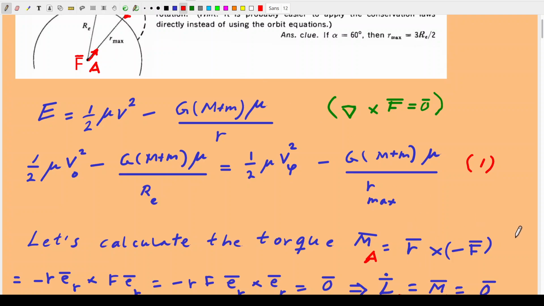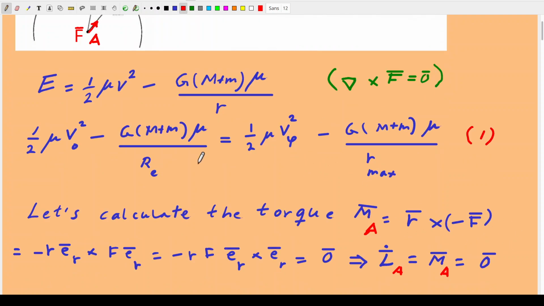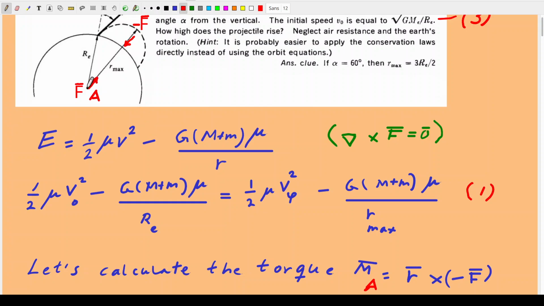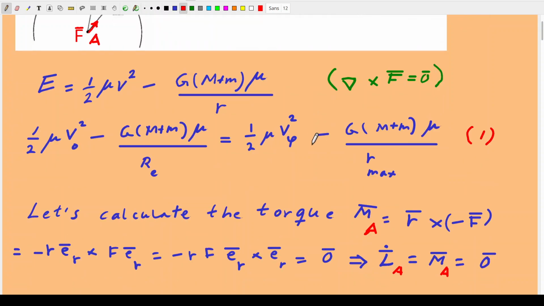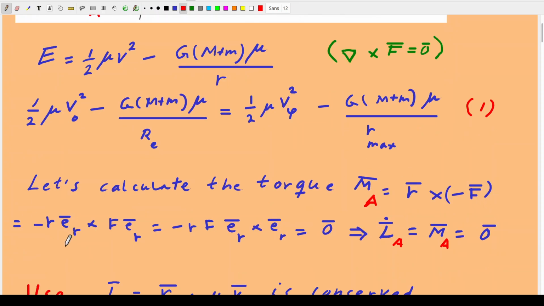So it will be in this way: a vector from this point A pointing to the projectile, and the force will be in the negative r direction. So from a vector perspective, we can write it like this, and it turns out that parallel or antiparallel vectors in a vector product will just give 0.